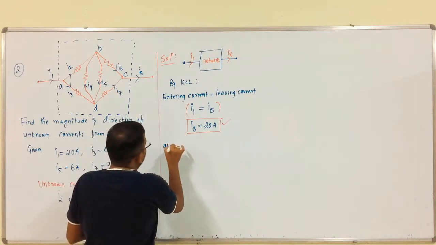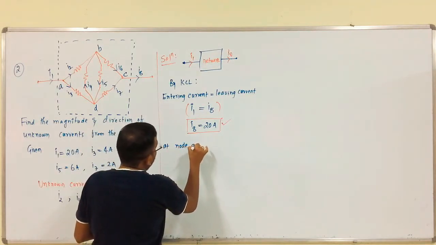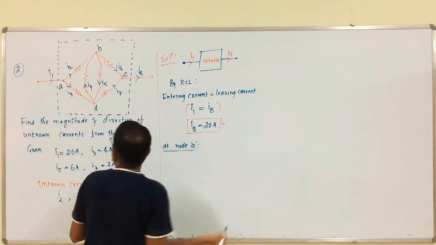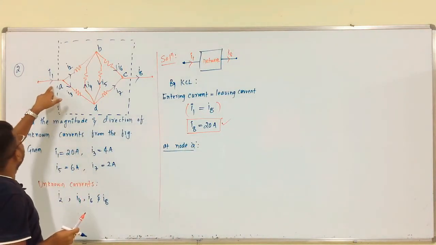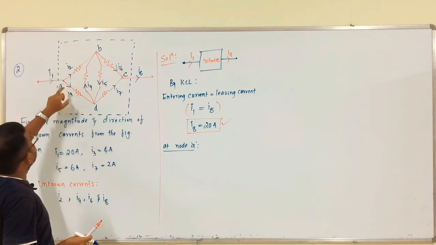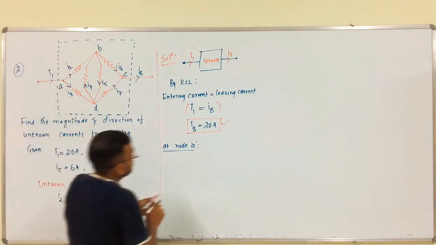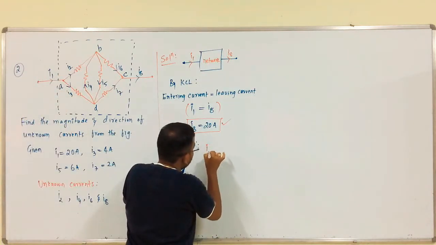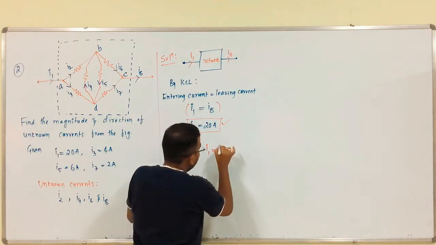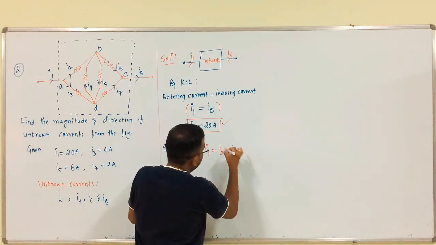Next, at node A, what is the entering current? I1 is entering, I2 is leaving, I3 is also leaving. So I1 is equal to the leaving current I2 plus I3.